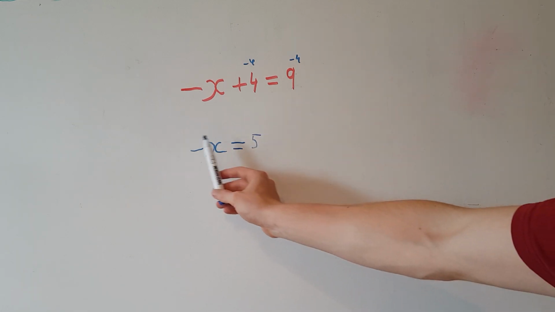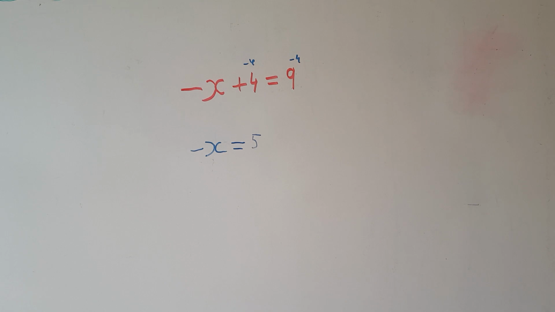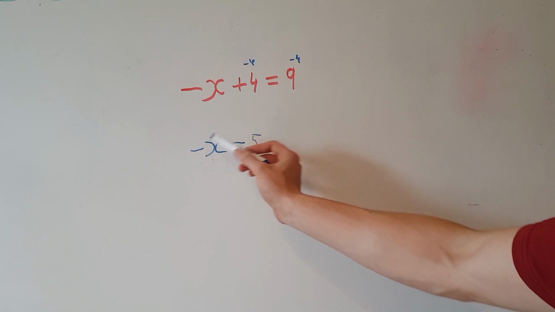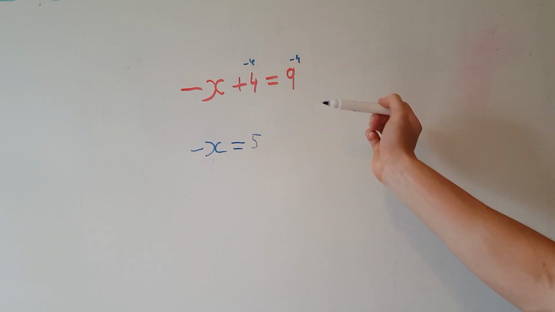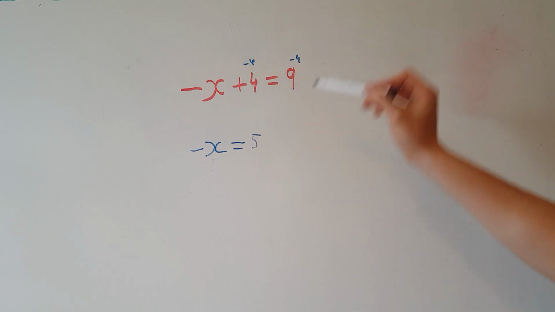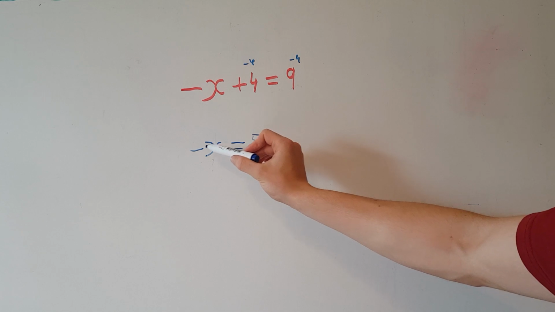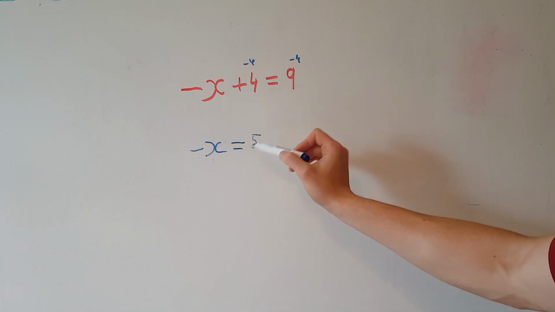Now we have minus x, we want positive x, so usually you'd multiply, but just for the purposes of this video, I'll show you a different way to do it. If we have a minus x on this side, how do we cancel minuses? Up here before, we added them and they came on this side. So we have minus x equals 5.